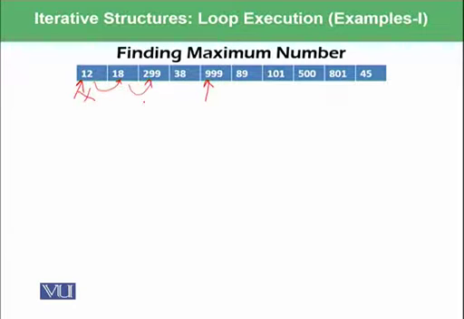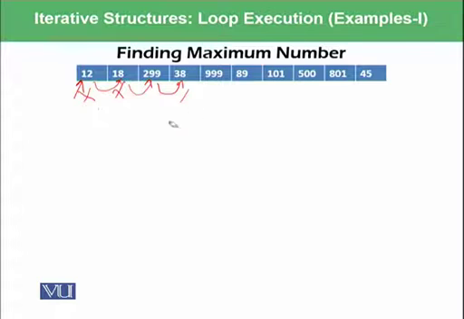Then it compared 18 with 299 and left 18, and then it compared 38 and left 38, and then it compared 299 with 999, and 999 remained in your mind. And when 999 was compared with all the other values until the end of the list, we found that 999 is the maximum number. So this was the procedure your mind worked by.